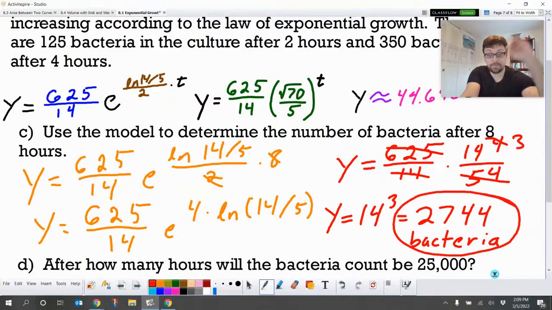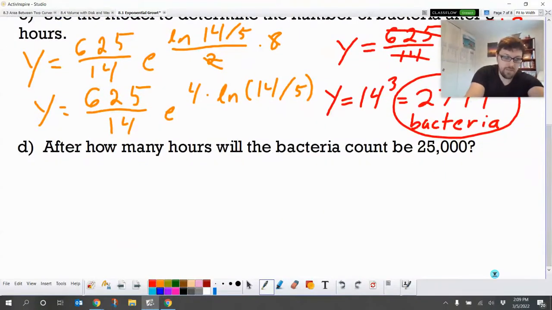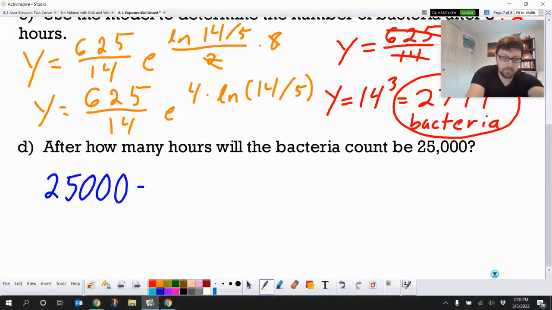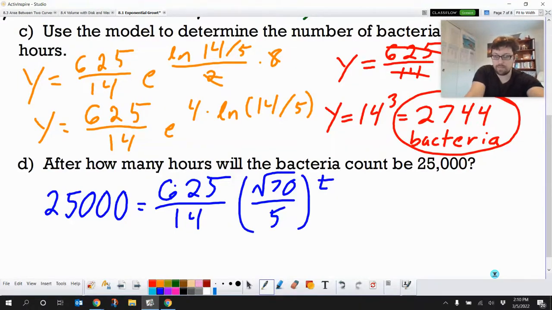Hooray! That's done. The next one, we want to know how many hours will the bacteria count be 25,000. This one, I feel like using that middle one just for something different. So we get 25,000 equals our 625 fourteenths, and I could use the one to the far side, or I could use the decimal one. It doesn't really matter. You just got to pick one. So we get the square root of 70 over 5 to the t.